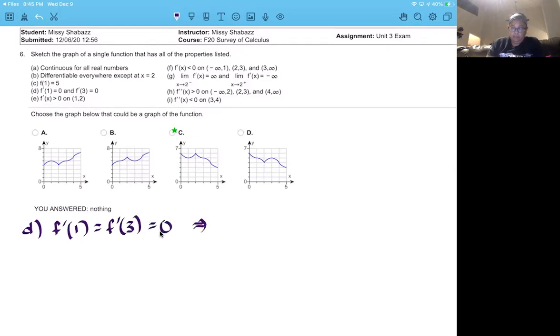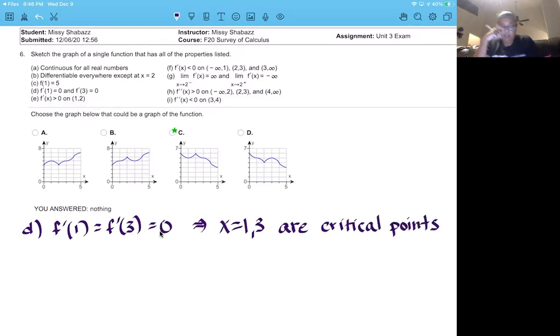That means x equals 1 and 3 are critical points. So they have horizontal tangent lines or they're not differentiable there. But we already know it's not differentiable at 2. So at 1, it should have a horizontal tangent line.